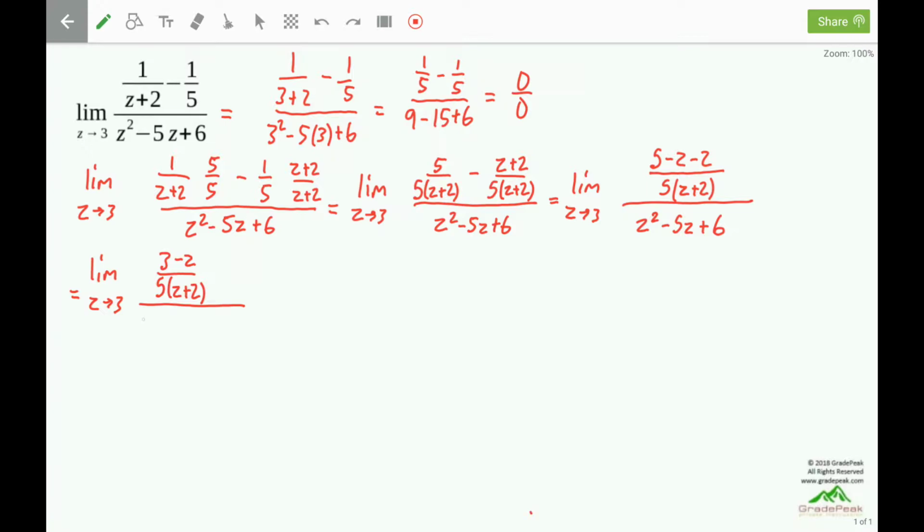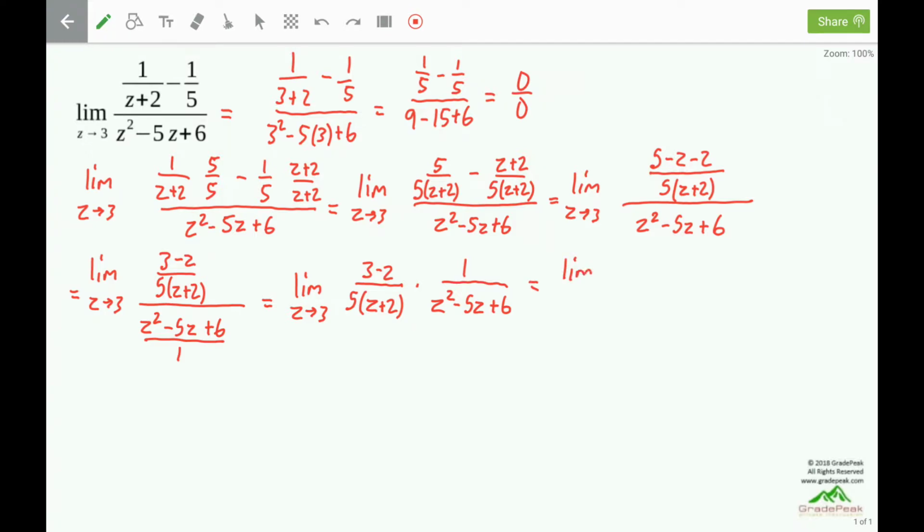Alright, the denominator I'm going to leave alone for now so that I can reciprocate and multiply. I'm going to put it over 1 so it is a fraction itself, so I can do the step of reciprocate and multiply that we always would do for the common denominator method for the 0 over 0 indeterminate form. So we'll have this numerator fraction, 3 minus z over 5 times z plus 2, and we're going to multiply this times the reciprocal of the denominator, so 1 over z squared minus 5z plus 6.